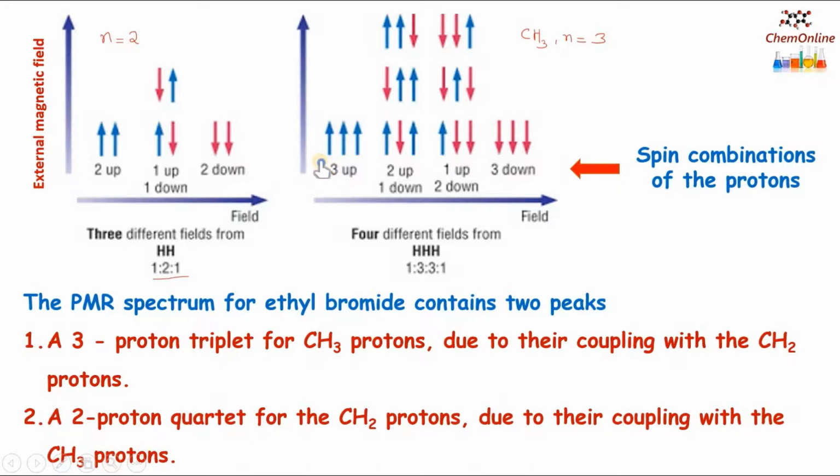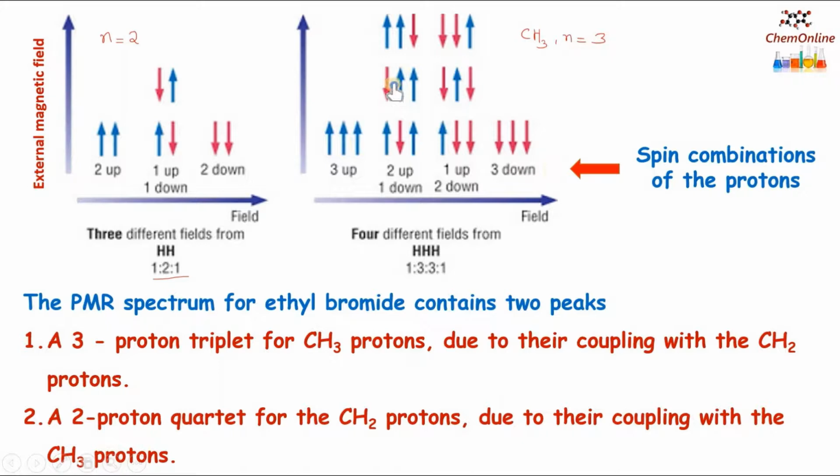Either the spins of 3 protons are parallel and aligned with the field, or they will be parallel but aligned against the field, and then it can be either 2 up and 1 down. Likewise, there can be 3 probable combinations. Similarly, 1 up and 2 down. Likewise also there will be 3 probable combinations.